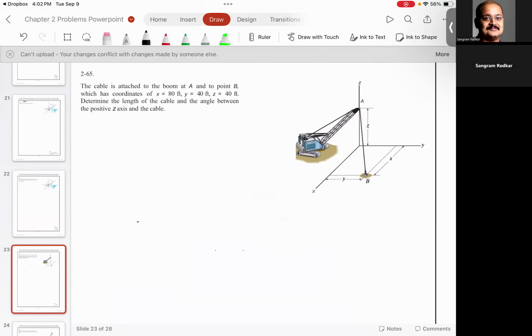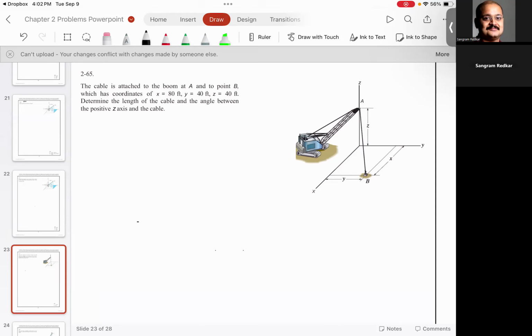That crane has this boom, and then there is a rope or a cable from point A to point B. Do you agree with me that point A to point B has some three-dimensional relationship? The coordinates are x is equal to 80, y is equal to 40, and z is equal to 40.